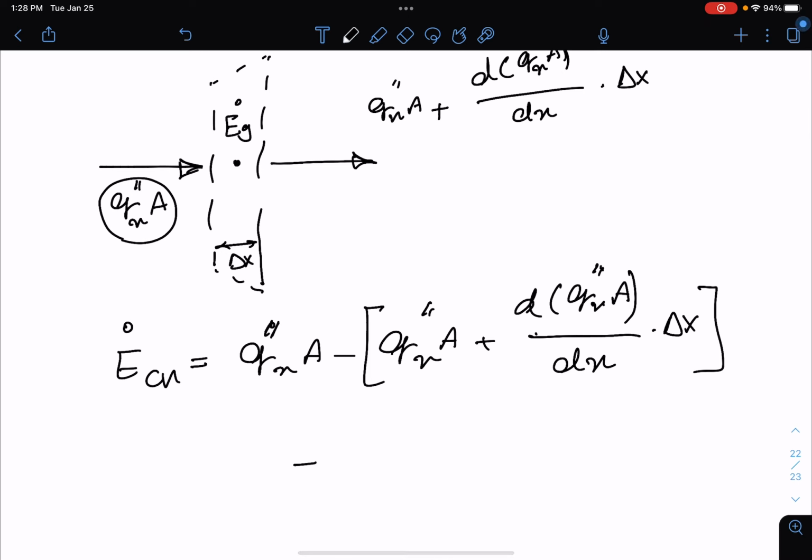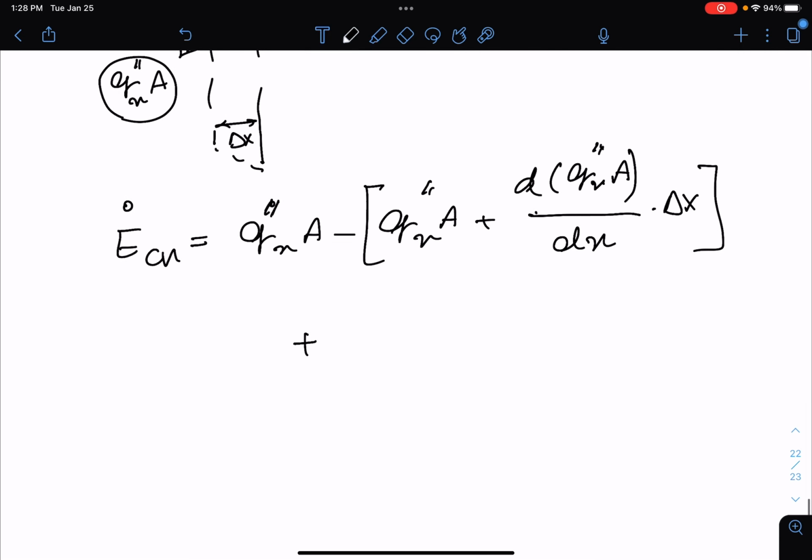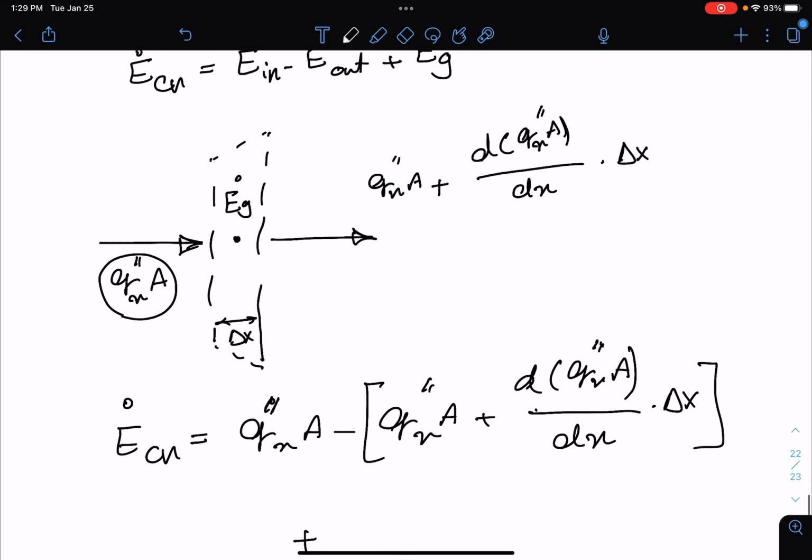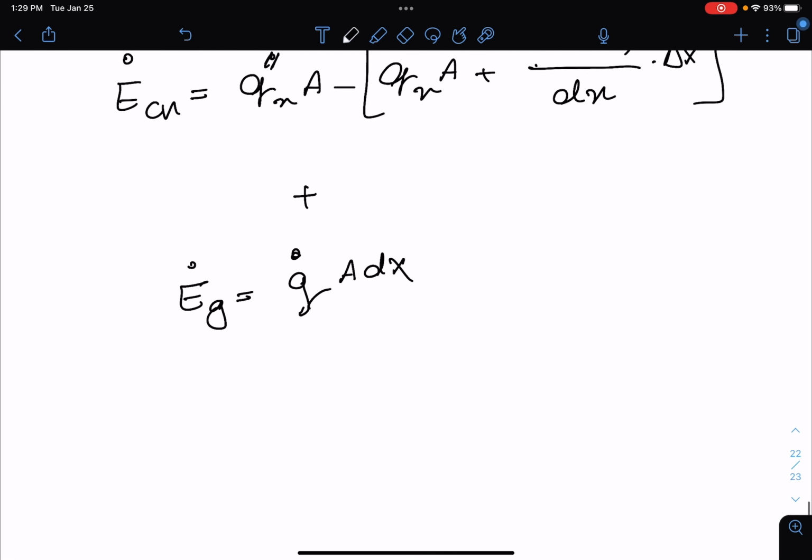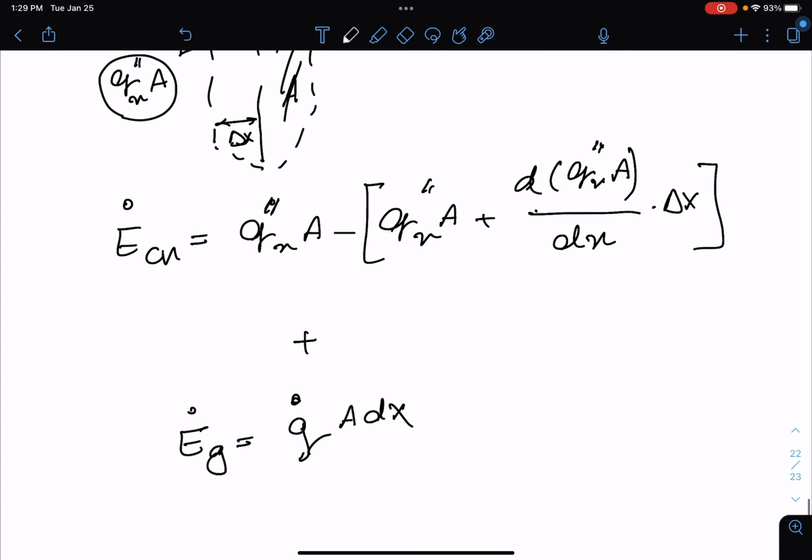And plus the energy generated. We are going to assume that is equal to heat generation, Q dot, multiplied by the volume of this control volume, right? This is the cross-sectional area multiplied by dx, which is the length of this control volume. And keep in mind, this is also dx.